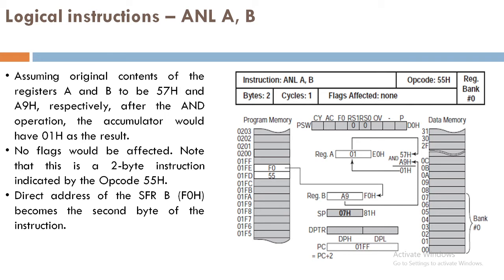Initially the accumulator was having 57 in it, and register B, whose direct address F0 has been specified here, is having A9, so they get ANDed and the data gets stored in the accumulator. So this is the example of ANL A comma B.